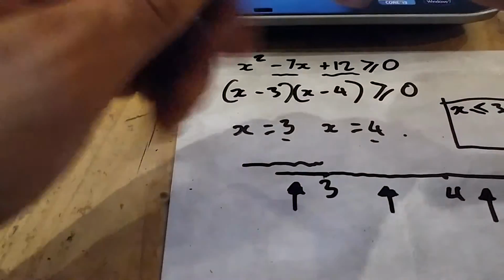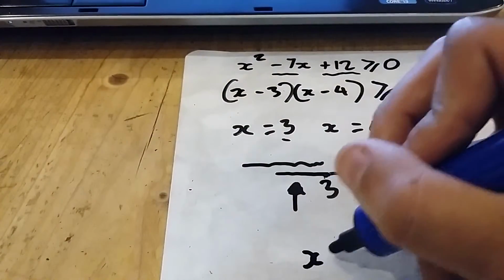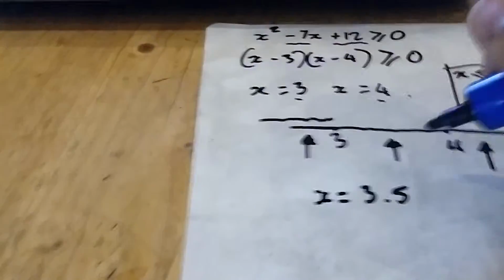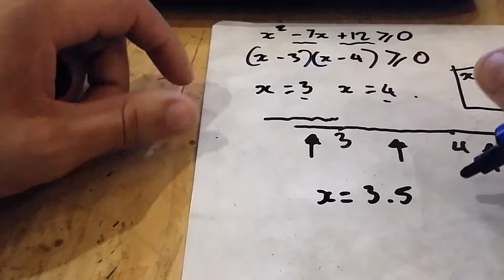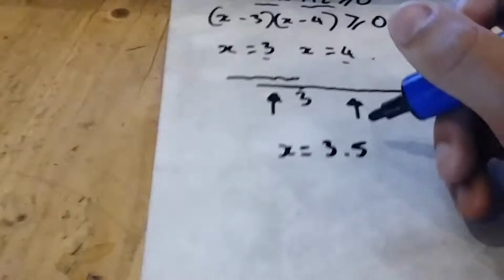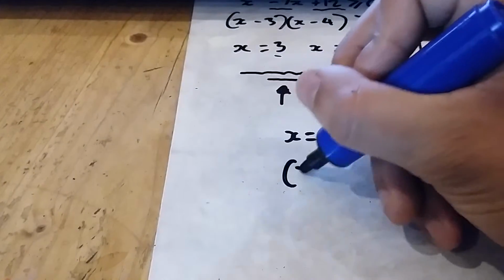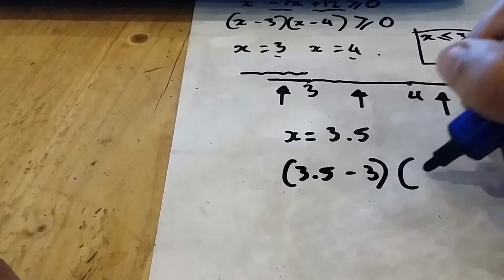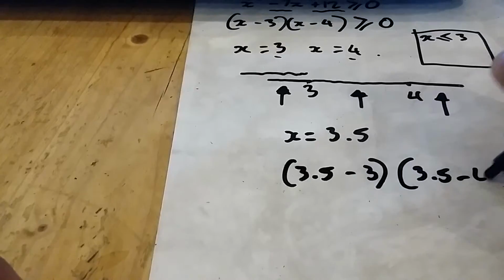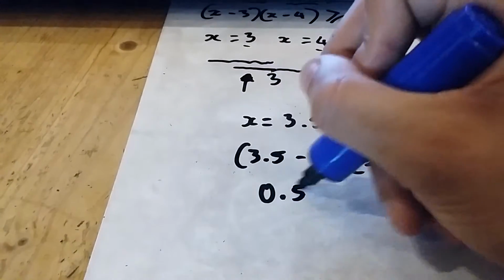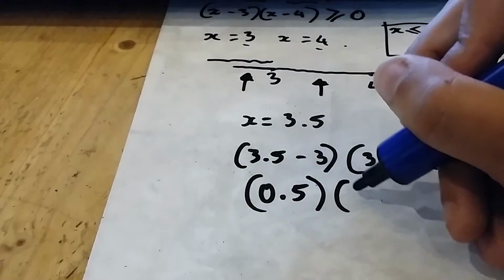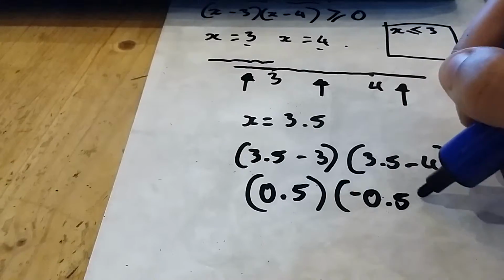So if x is 3.5, let's substitute it into those brackets. We will end up with 3.5 minus 3 times 3.5 minus 4. Now 3.5 minus 3 is 0.5, and 3.5 minus 4 is -0.5.